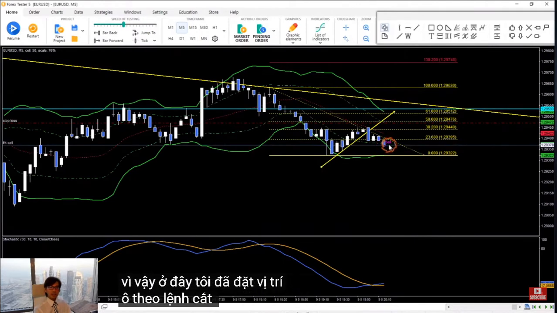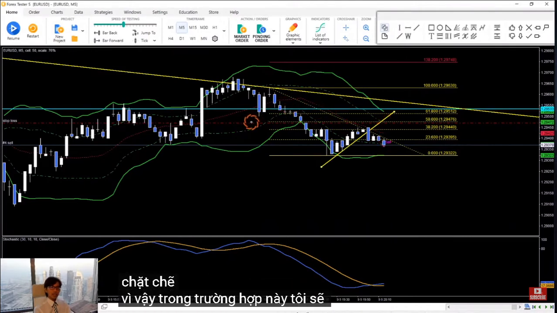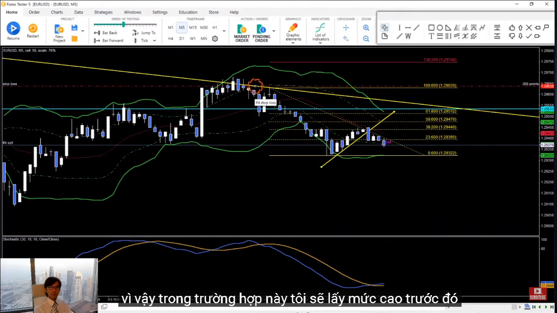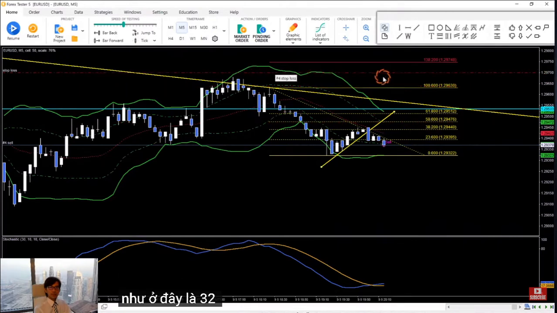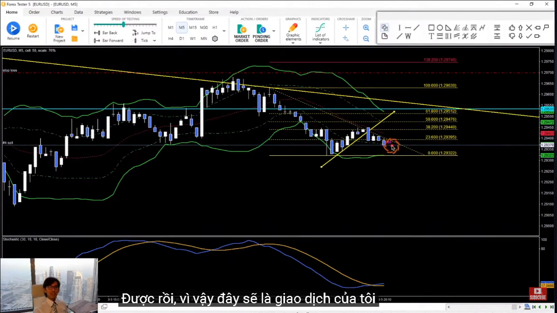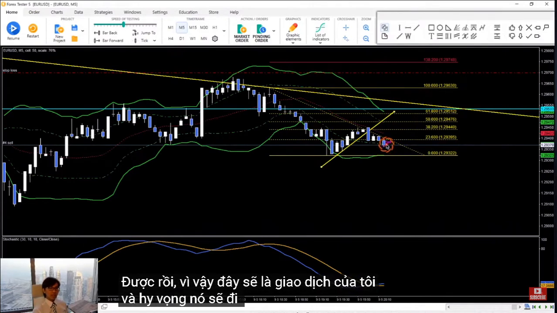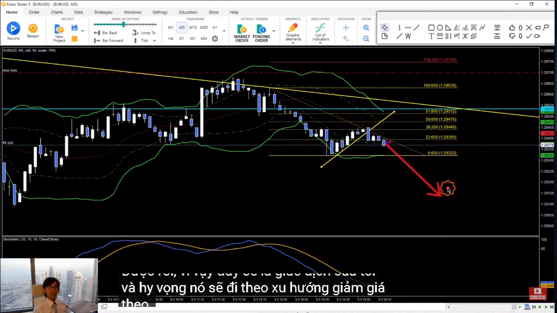In terms of stop loss, 10 pips is a bit too tight, so in this case I will take the previous high as here, which is 32 pips above. Okay, so this is going to be my trade, and hopefully it goes bearish, downtrend in this direction.